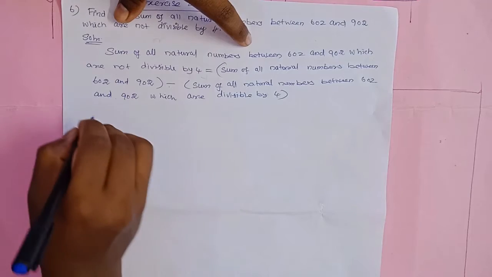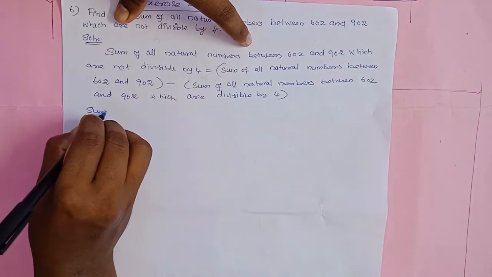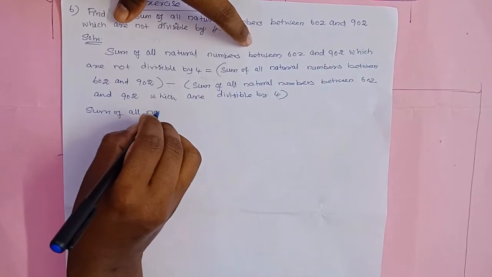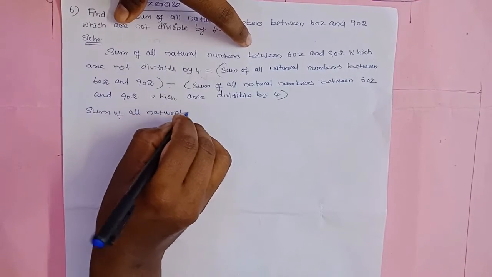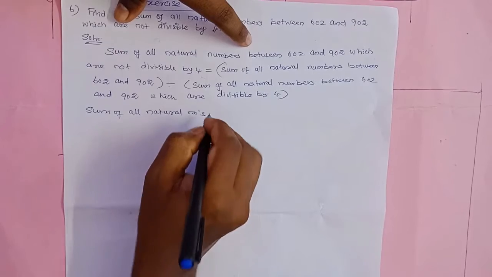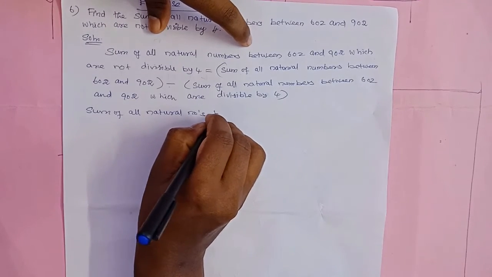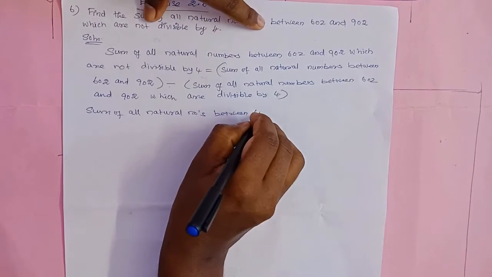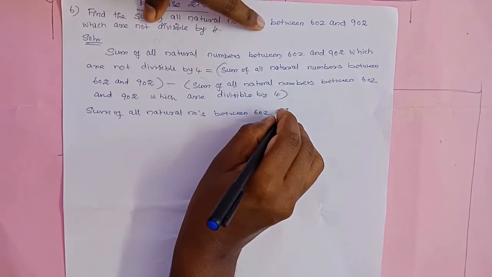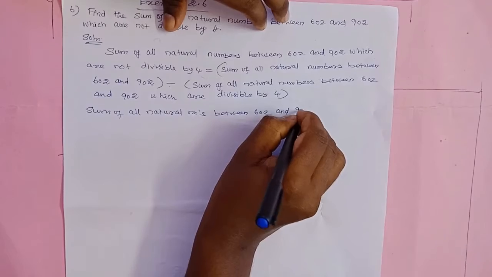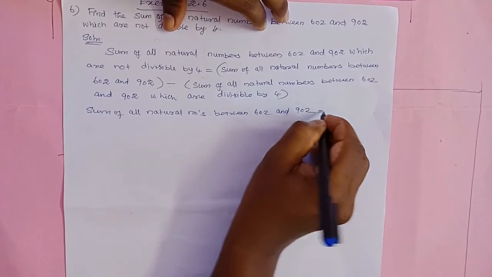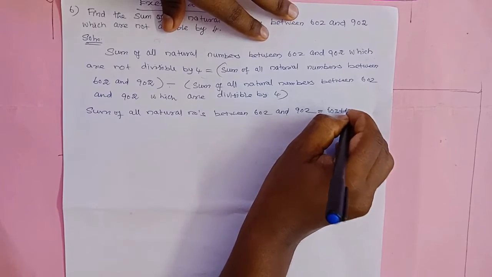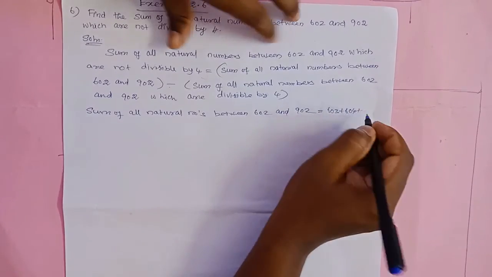First one: the sum of all natural numbers between 602 and 902 is equal to, the first number is 603 plus 604 plus dot dot.